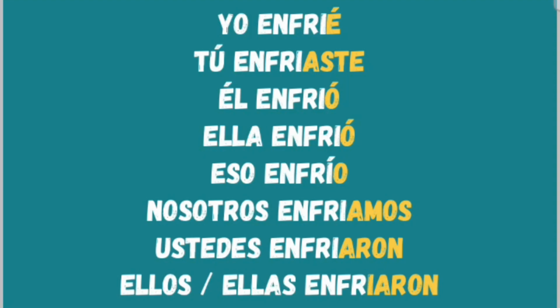Now, if you want to say you cooled, then you have to say tú enfriaste. Okay, see the root word in this case, it's enfri. This is the part without changing, okay?